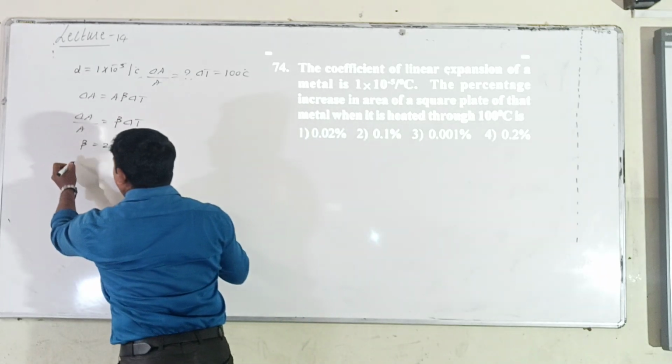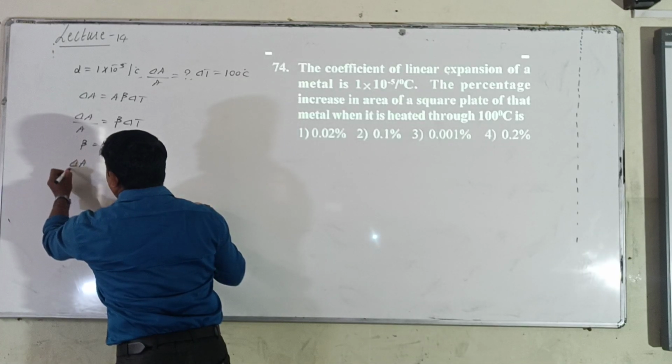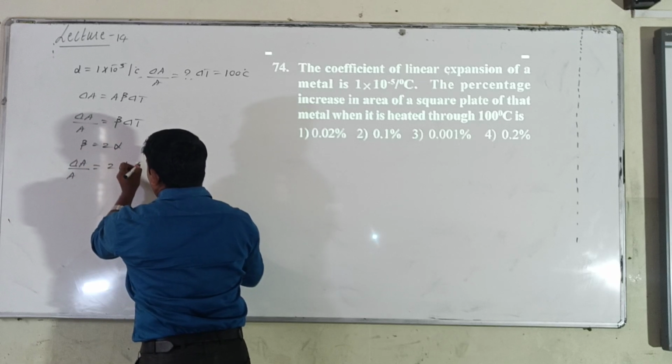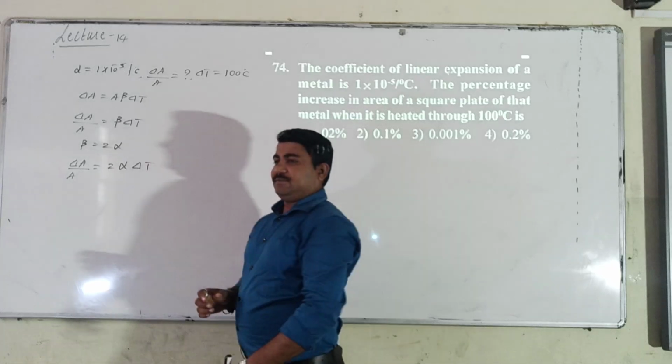Then change in area divided by original area equals 2 alpha into delta T.